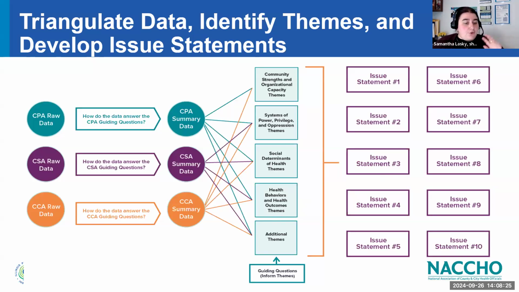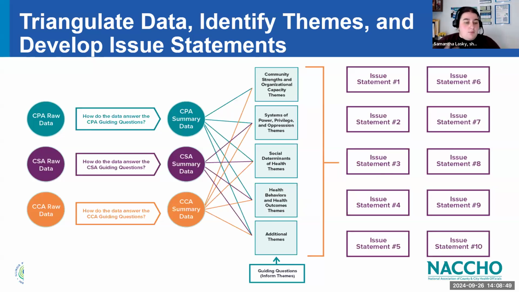Once the data from each of the assessments has been summarized, which is that next piece, CPA summary data and down the line there, it's time to identify cross-cutting themes. Since you've already been thinking about how the data from each individual assessment fits along the health equity action spectrum, highlighting the cross-cutting themes should be a natural process.